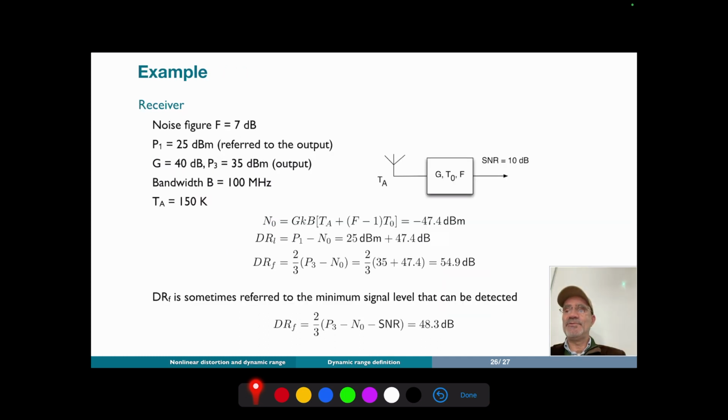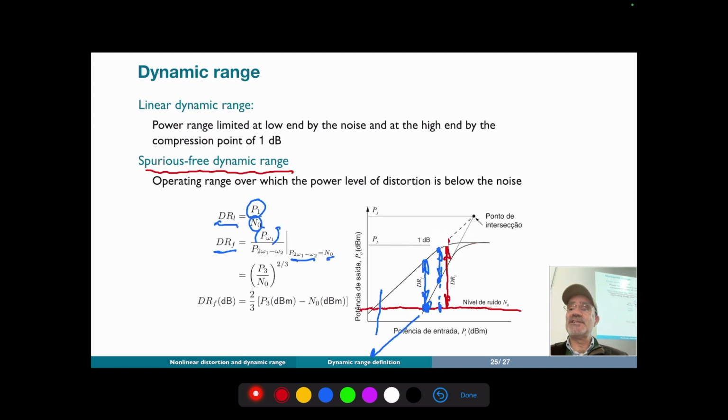And so it will be 2/3 of P3 minus the noise level, which is 54.9. And we see that the linear dynamic range, the one shown here in red, is always larger than the spurious free dynamic range. So this range here is always larger than the spurious free dynamic range.